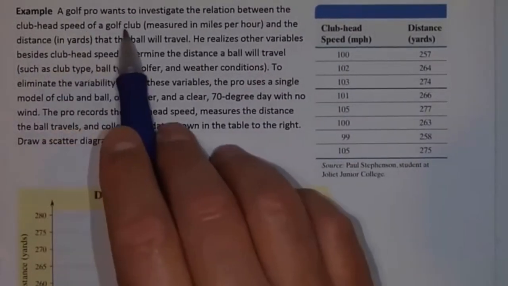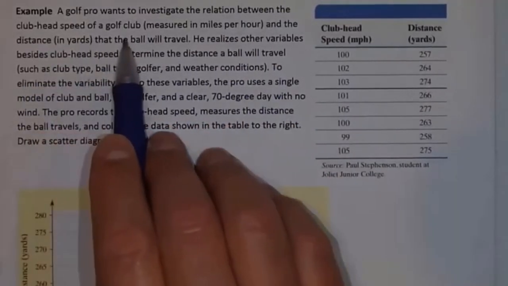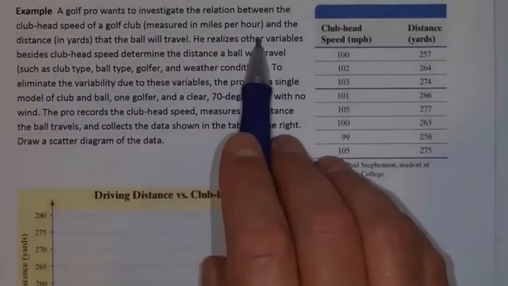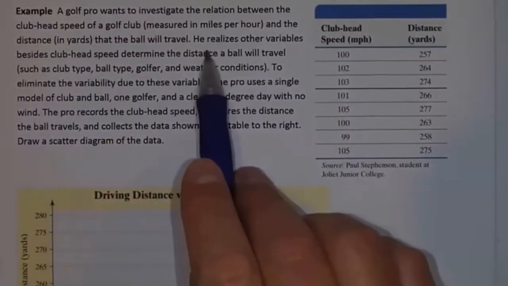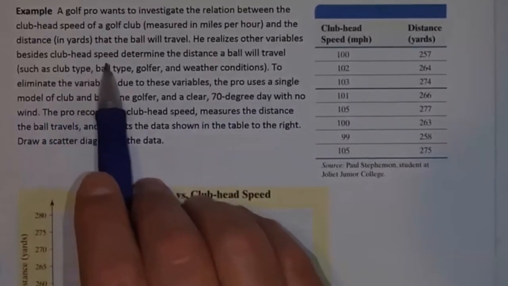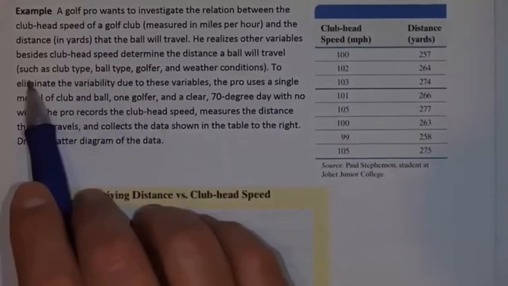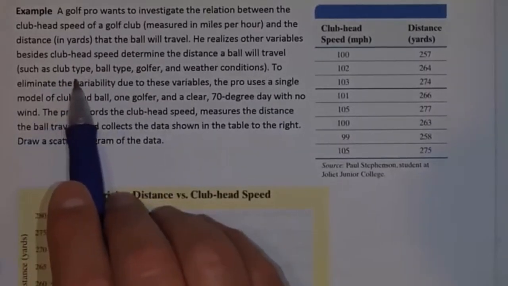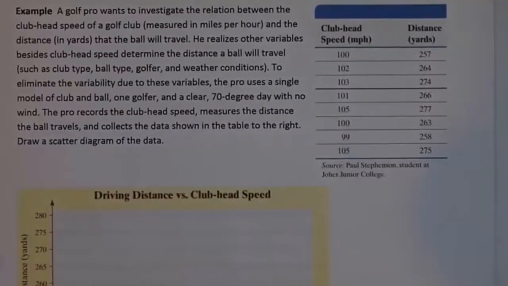A golf pro wants to investigate the relation between the club head speed of a golf club, measured in miles per hour, and the distance in yards that the ball will travel. He realizes that other variables besides club head speed determine the distance a ball will travel. For example, club type, the ball type, the person golfing, the weather conditions, and so on.